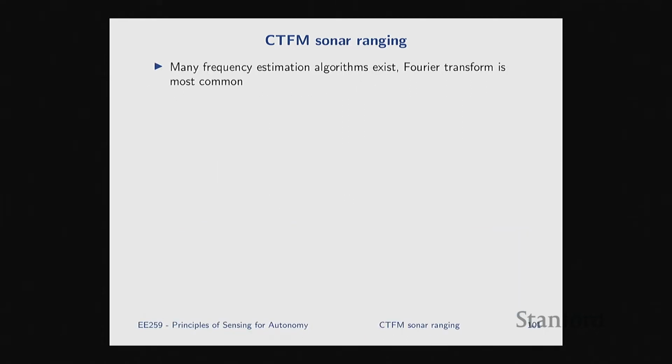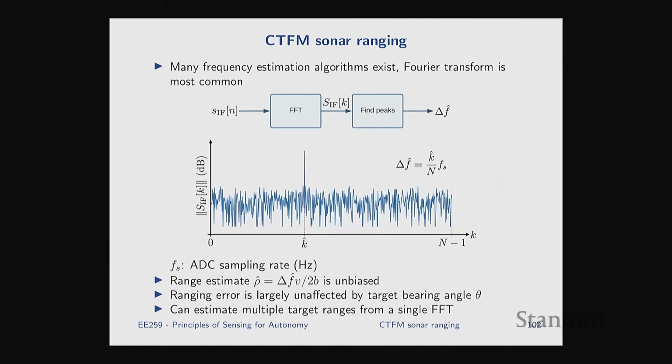So basically in DSP, with our simple algorithm, we just take the Fourier transform of the IF signal. So this digitized IF signal comes in. You take the Fourier transform of it, okay, and you get what we call big S IF of k. And then you find peaks, or you look at basically the magnitude of the Fourier transform, and you look at the peaks, right?